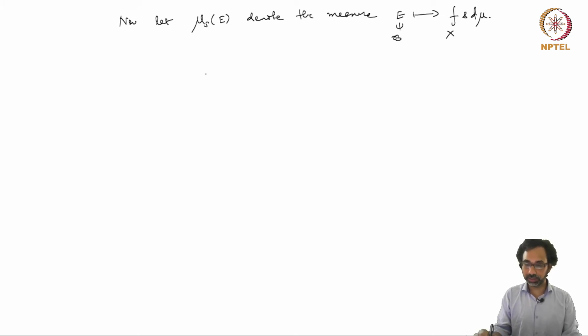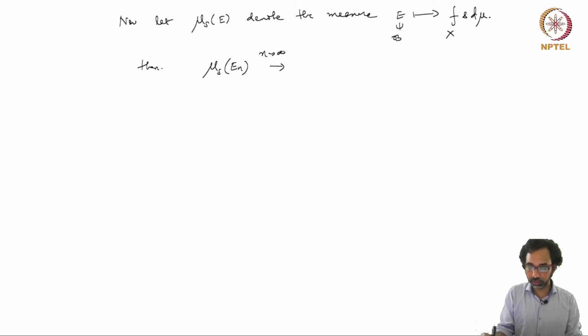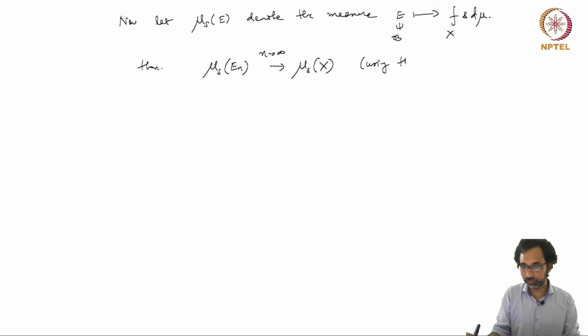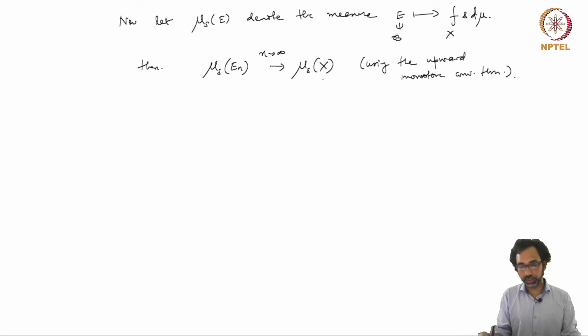So if you denote mu_s the measure, then we have that mu_s of E_n converges, as n tends to infinity, to mu_s of X, using the upward monotone convergence theorem that we just saw. This is because X is the union of these E_n.